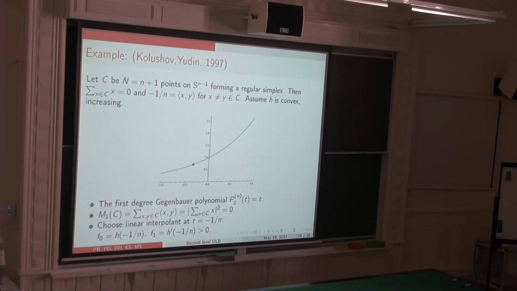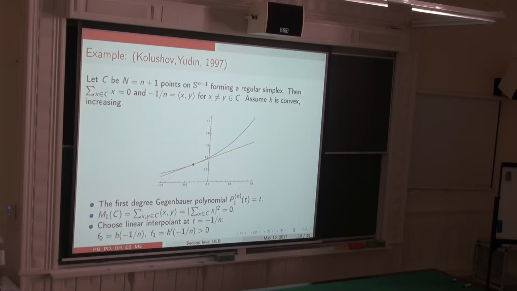So moving on, just one example with the simplex. The regular simplex actually minimizes a whole bunch of energies. If h is some convex increasing function, then all of the inner products are just minus 1 over n, and all we have to do is interpolate right here. That's a good potential.